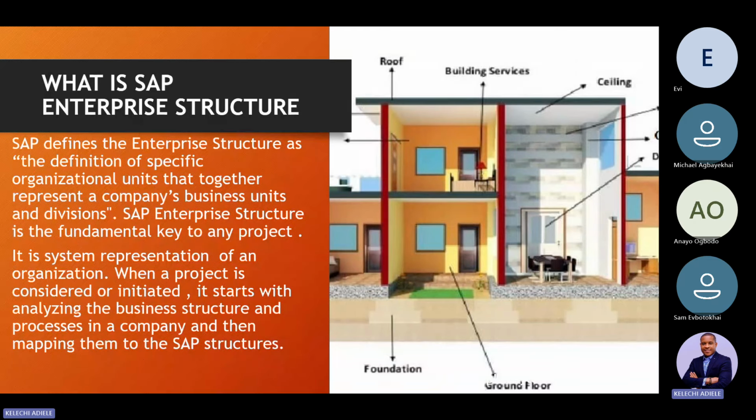SAP defines enterprise structure as a definition of specific organizational units. All those things we talked about, profit centers, cost centers, are called organizational units. The structure is how you understand business requirements and how you arrange those organizational units to meet the client's requirements. That is configuration. Configuration is not about just going inside there and putting things in.